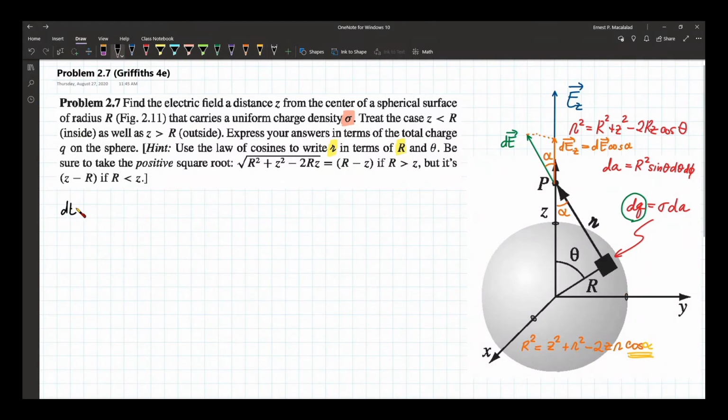Okay, now let's assemble. Now, dEz magnitude is equal to dE cosine alpha.